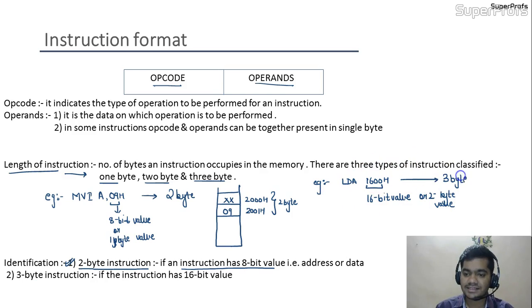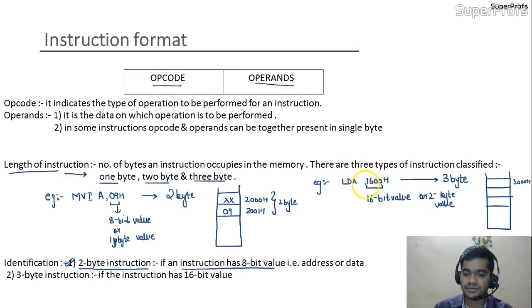How can we say it occupies 3 bytes of memory? Because suppose we are representing this instruction in memory, and it is at memory address 3000H.